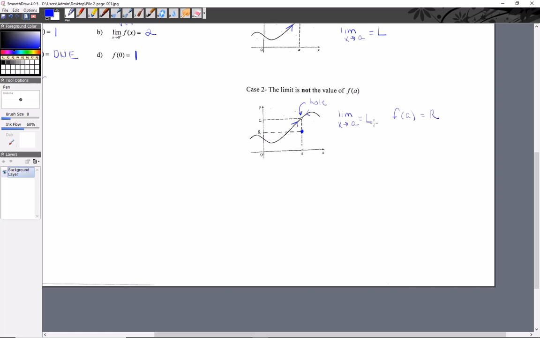So the limit is one thing based on approaching, and it doesn't matter if there's a point there or just a missing point, it's still approaching that spot, and we can read that as L.